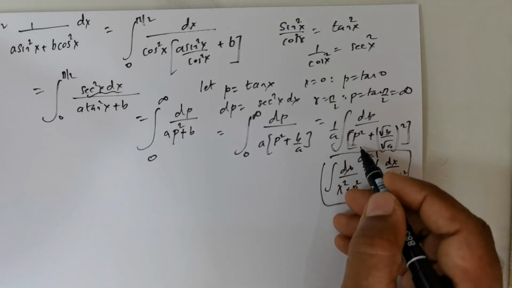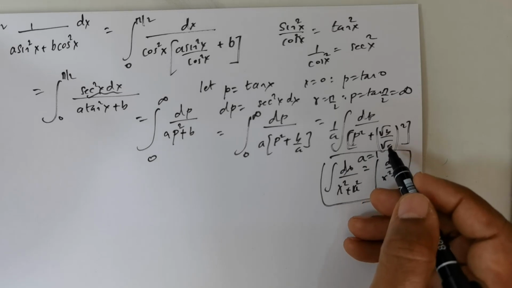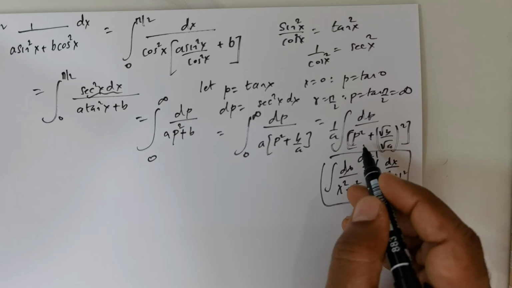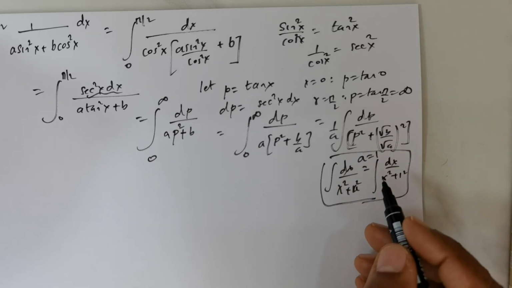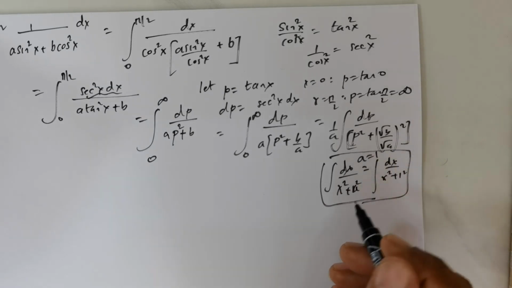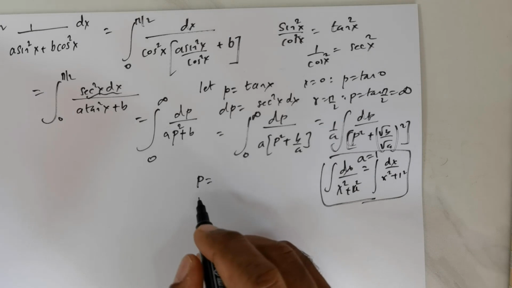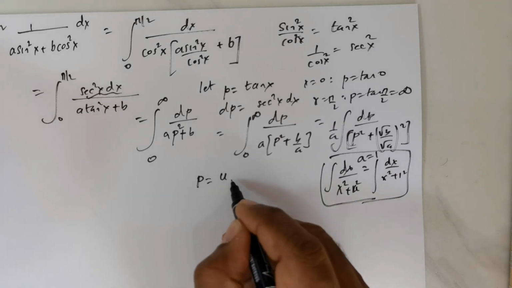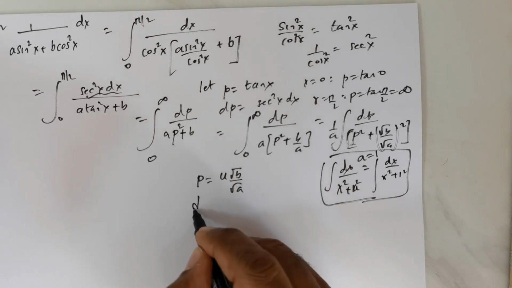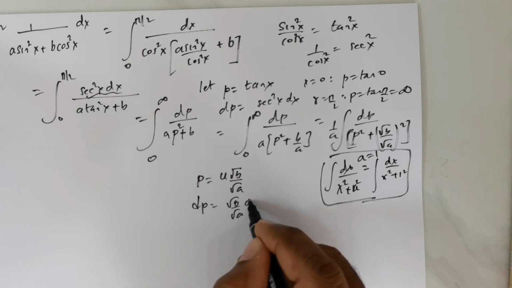Having got that, I would now have to make some substitution to represent this formula. Directly I can apply this formula, but since we are starting off with this question, I would like to take, say, p is equal to some u times root of b over root of a, so that dp is equal to root of b over root of a times du.